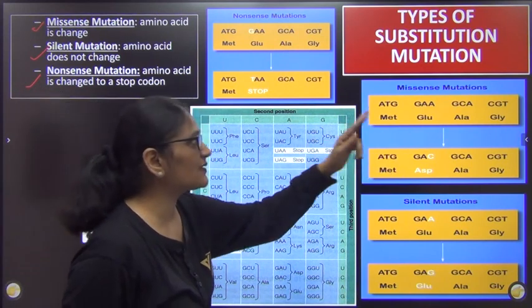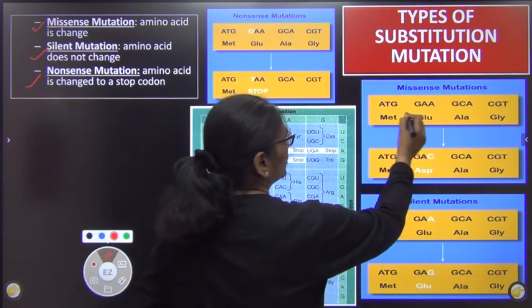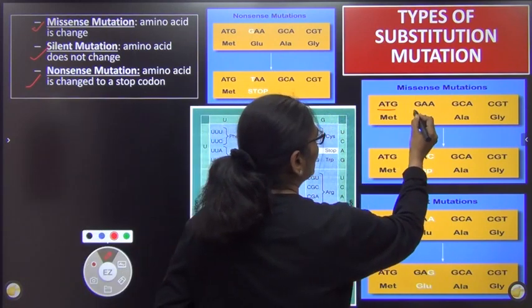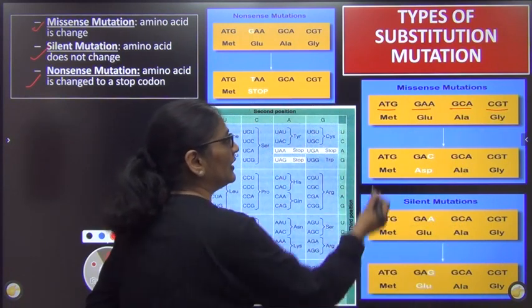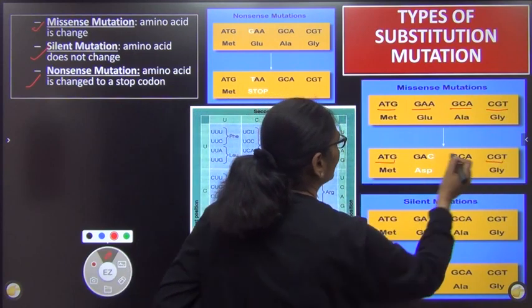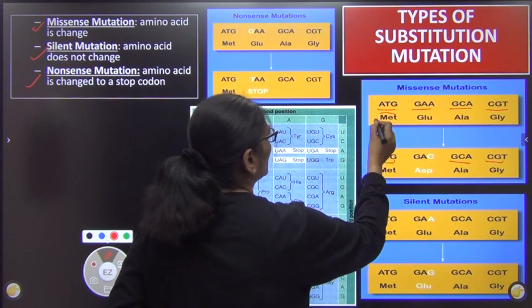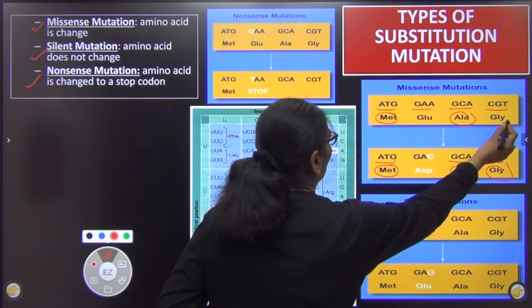Now, look at missense mutation. Here, the original codons were ATG, GAA, GCA, CGT. All the codons are the same as it is. So obviously the corresponding amino acids in those cases are the same as well.